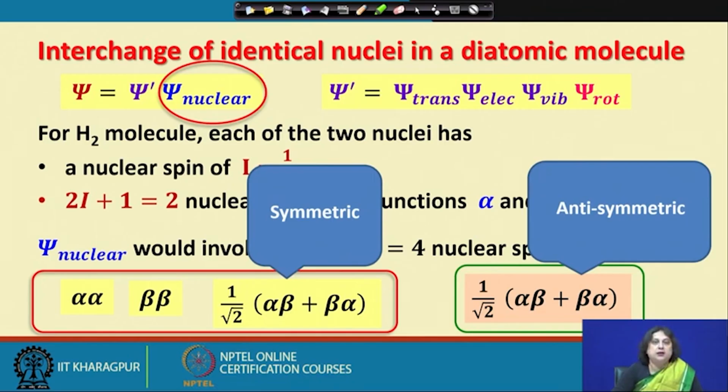Now, this is a concept that we are going to use further, to understand what the symmetry properties of psi nuclear would be. In the next lecture, we shall once again start from this particular example and discuss the general symmetry requirement of psi nuclear and then the overall symmetry requirement of psi in a homonuclear diatomic molecule. Thank you.